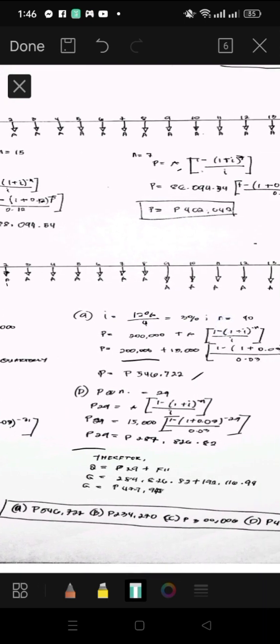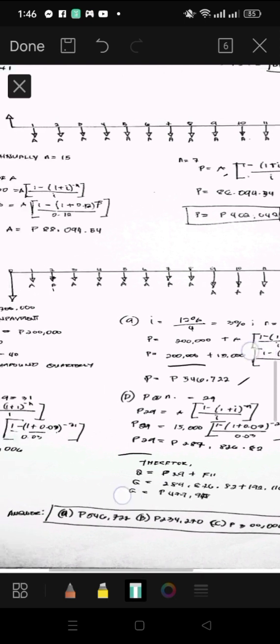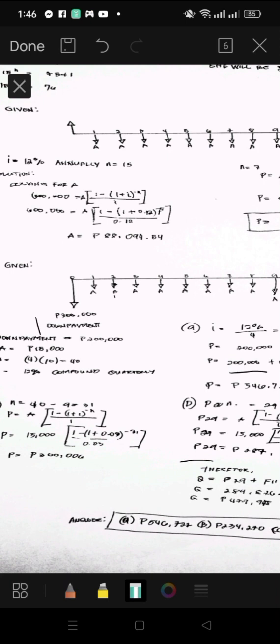So what must he pay in addition, the irregular payment then due, is 300,006. So that is the final answer.